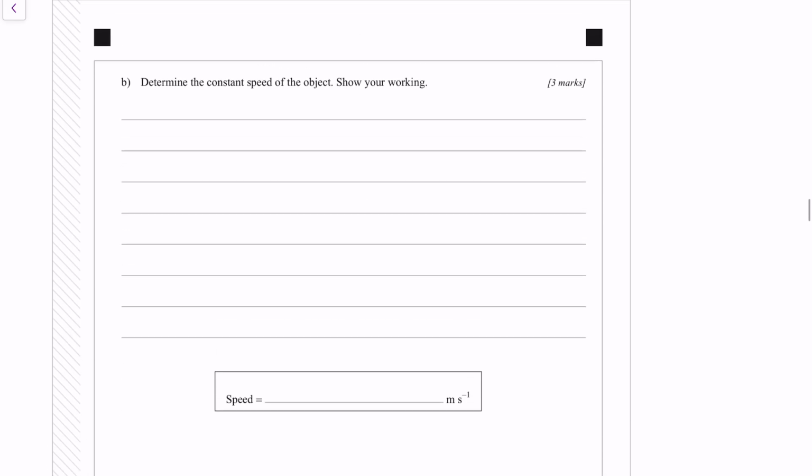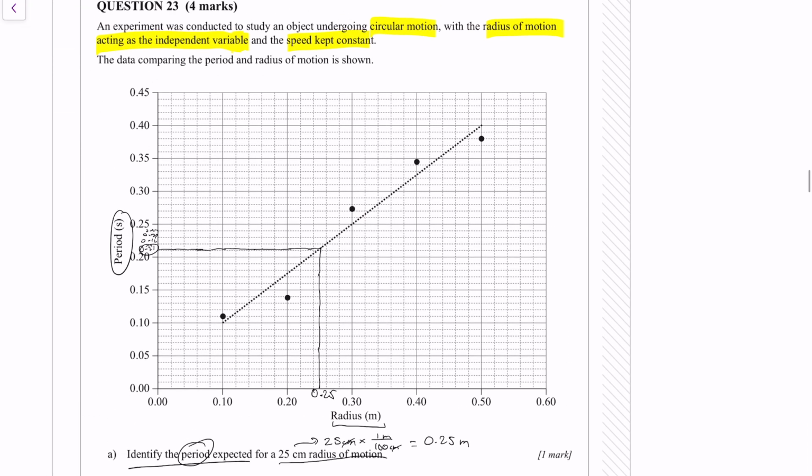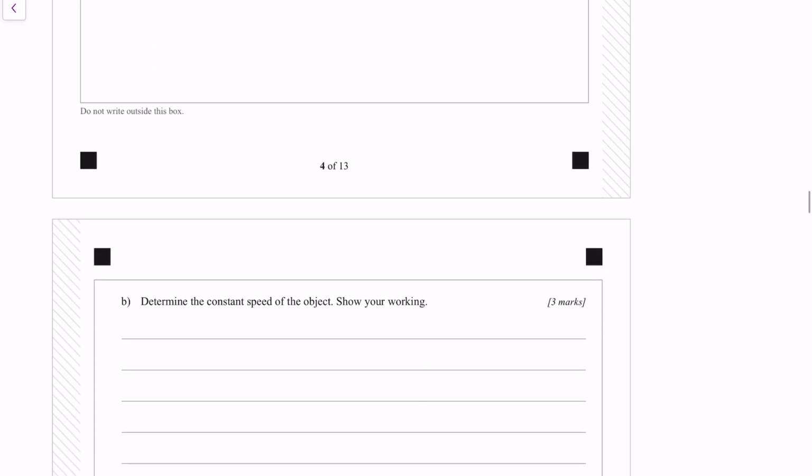Okay, so now the actual physics. So we need to determine the constant speed of the object. Okay, show your working. So what we need to do here, in any graph we do, most of the time at least, we calculate the gradient.